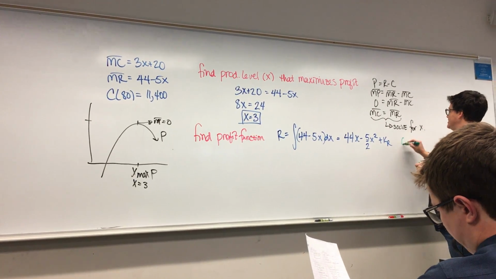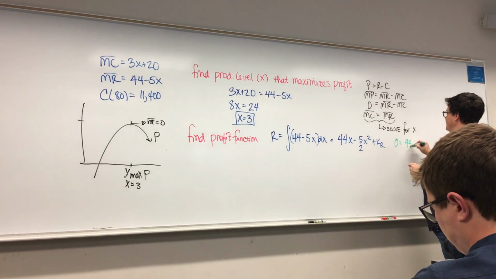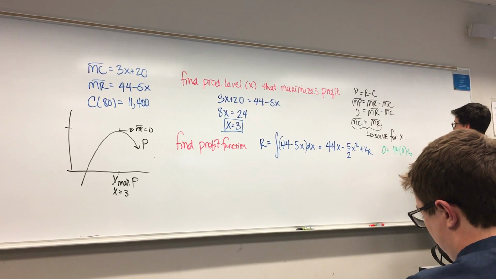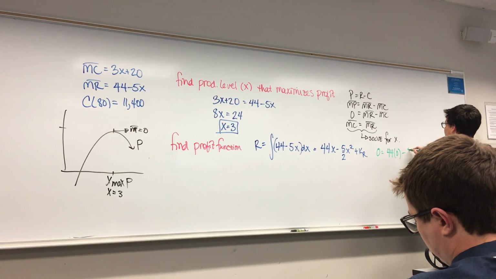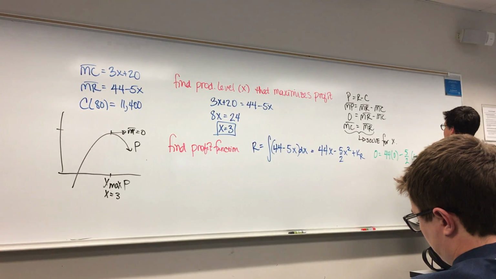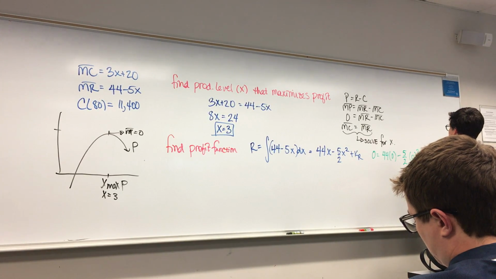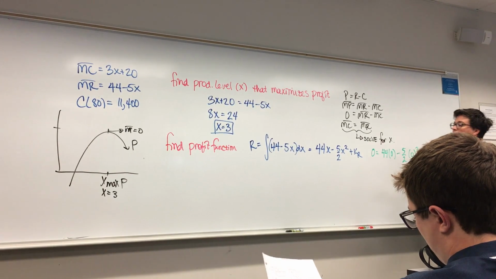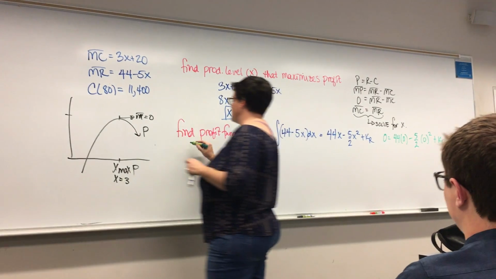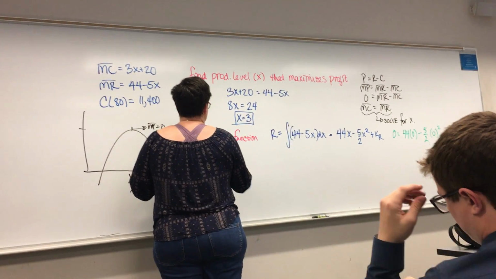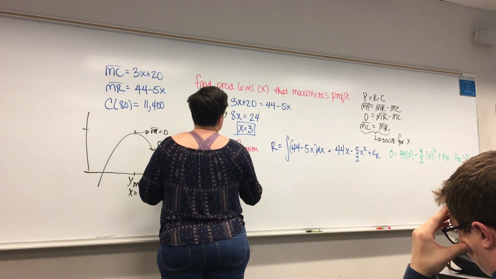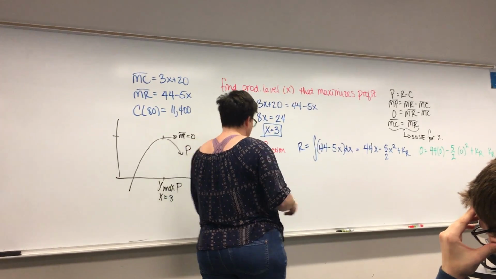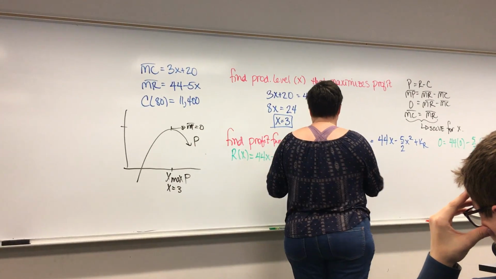So I'm gonna use 0 equals 44 times 0 minus 5 halves times 0 squared plus k sub r. So what does my k sub r equal, guys? 0. So now my real revenue function is gonna be 44x minus 5 halves x squared.